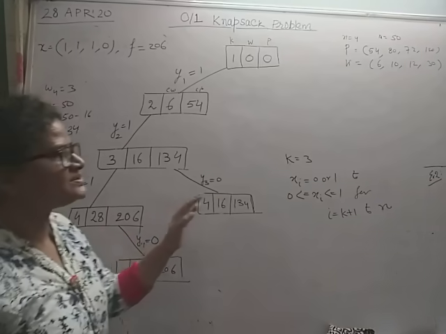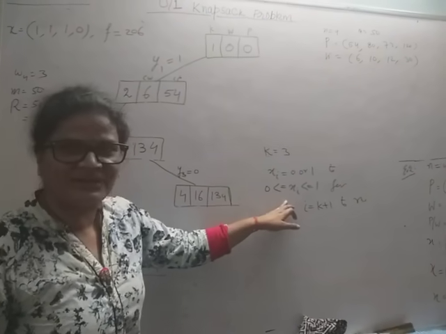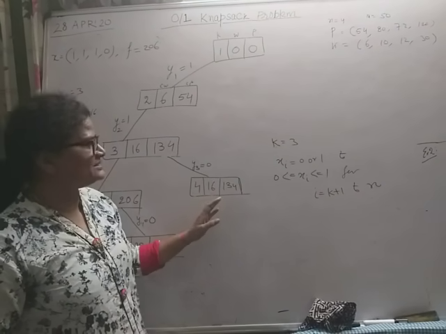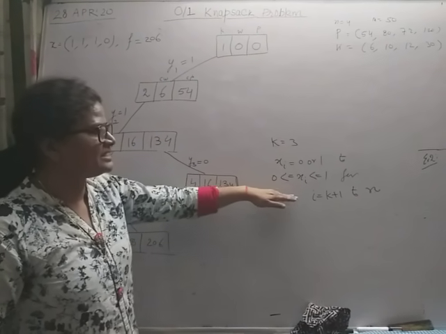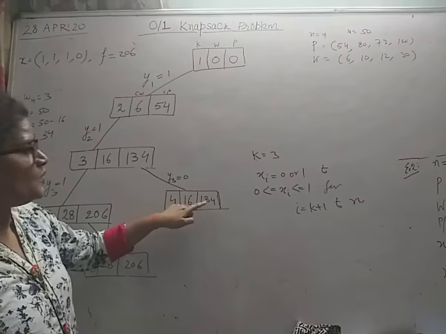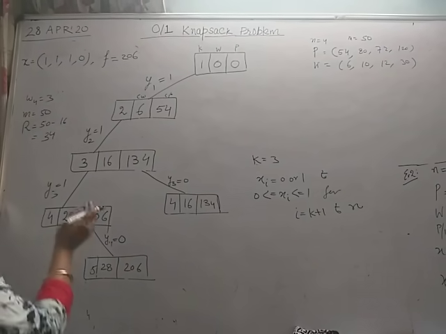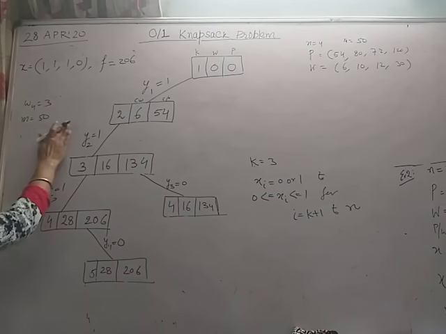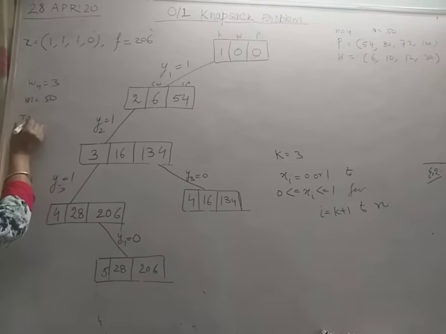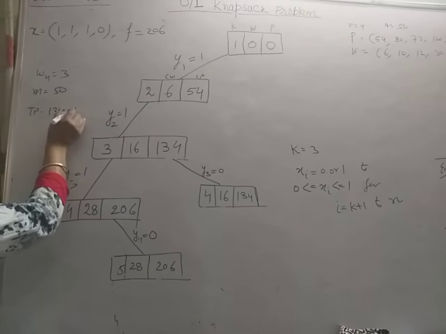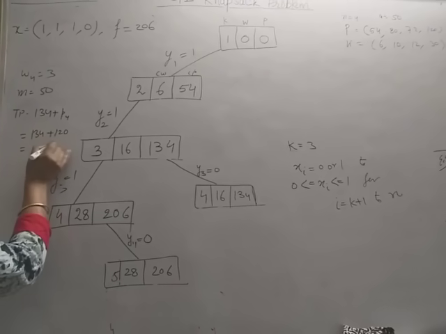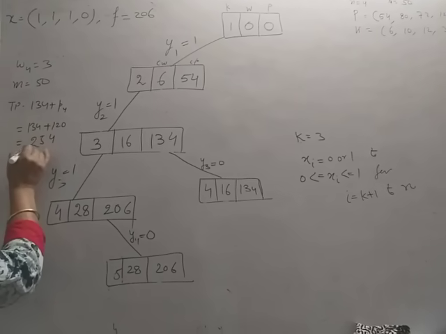There is no need to take a fraction because the whole object is occupied, and for i from k plus 1 to n the profit is 134 plus the profit of the fourth object, 120, that is 254.